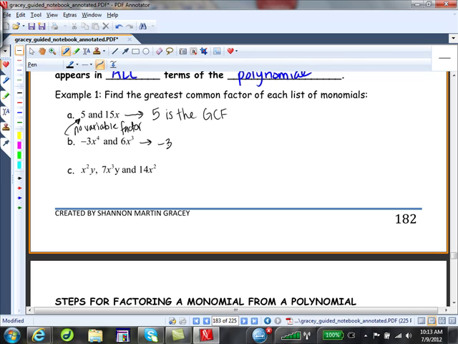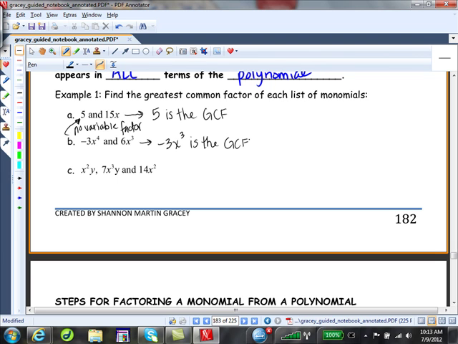Now let's look at the variable terms. There is an x to the 4th and an x cubed. So remember, what's the smallest power showing up in those terms? Good, it's x cubed. So -3x cubed is the GCF.